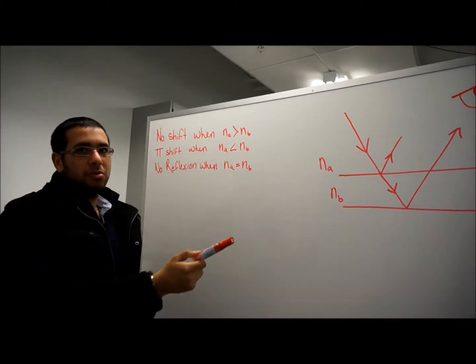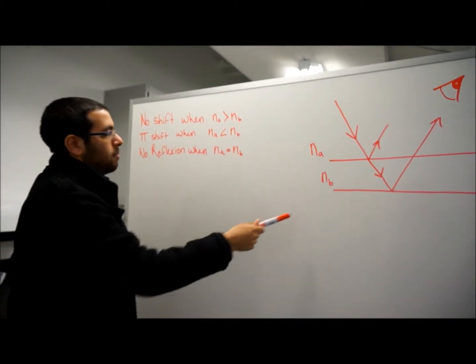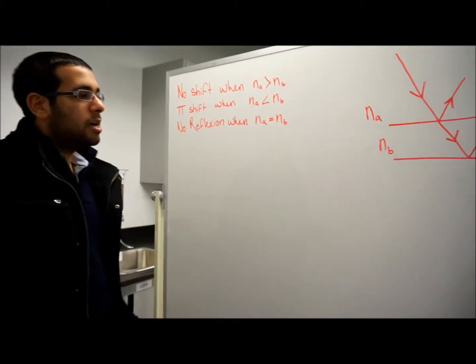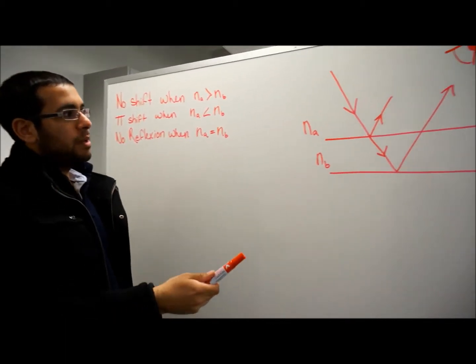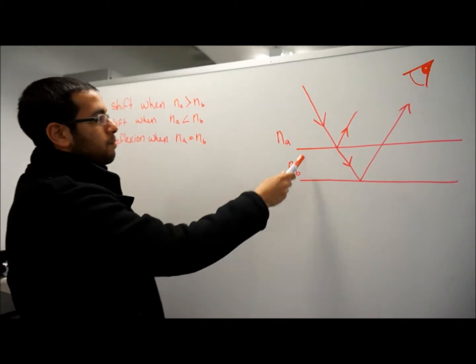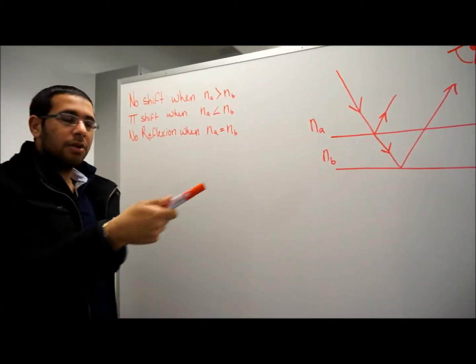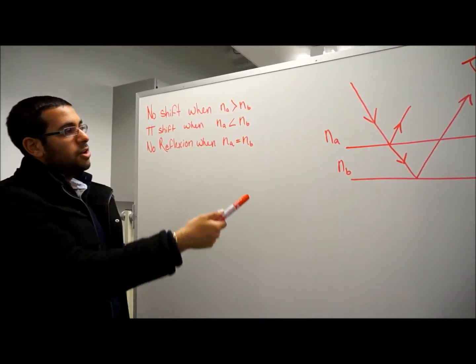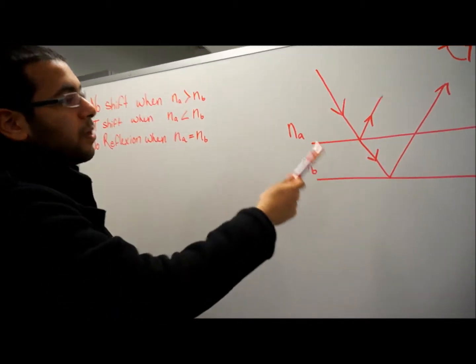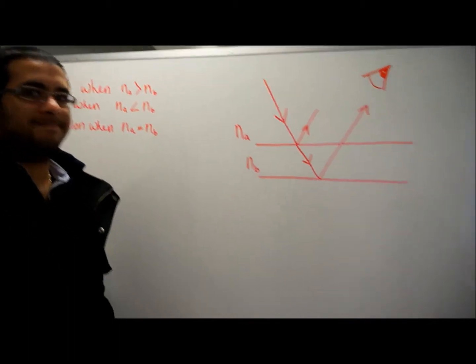And there's going to be no reflection at all if both are equal, so they're going to travel in the same medium. There's going to be constructive interference if both are shifted, or destructive interference if one is shifted but not the other.